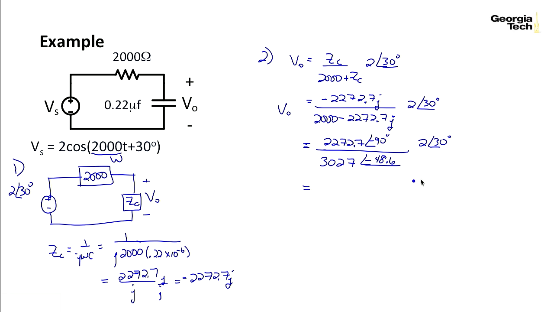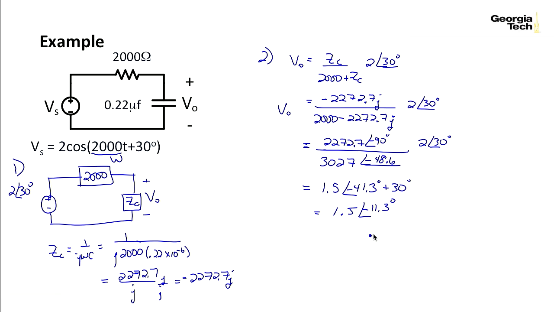So if I work through all this, I'm going to get 1.5 at an angle of, let me write it as, minus 41.3 plus 30 degrees, which reduces down to 1.5 at minus 11.3 degrees.